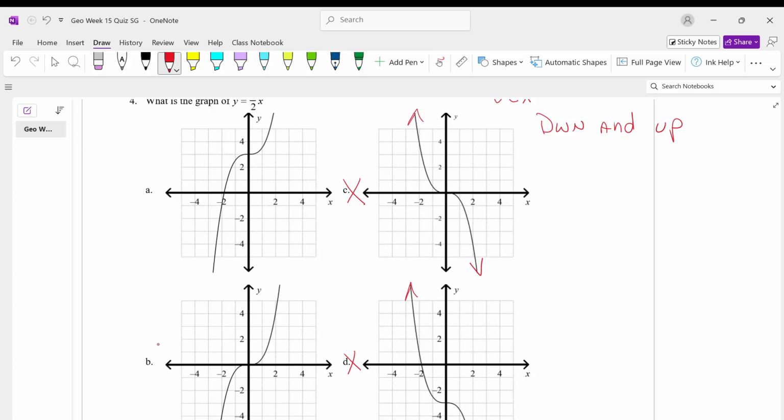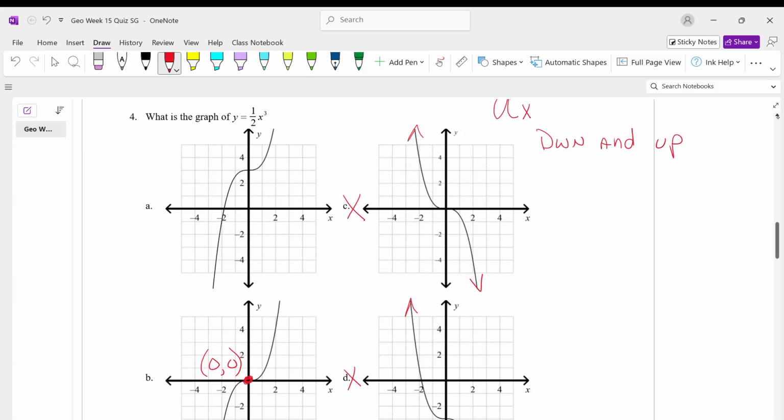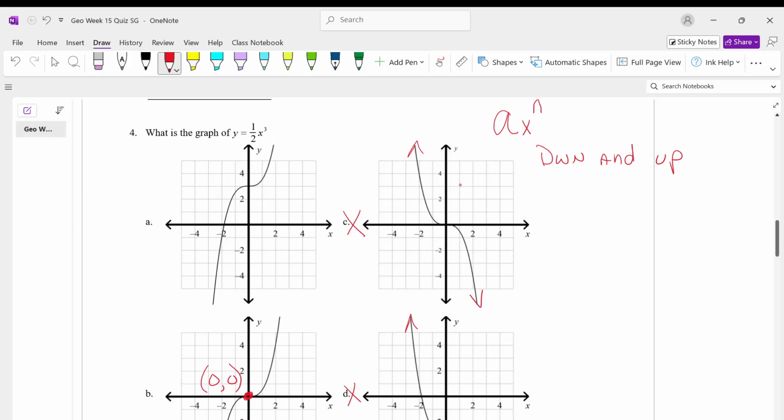But look, do you see where graph B goes through the origin, doesn't it? And the coordinates of the origin are 0, 0. So if 0, 0 works in the original equation, then that's the correct graph. So we can check this. We're trying to find out if 0 is equal to 1/2 times 0 raised to the third.